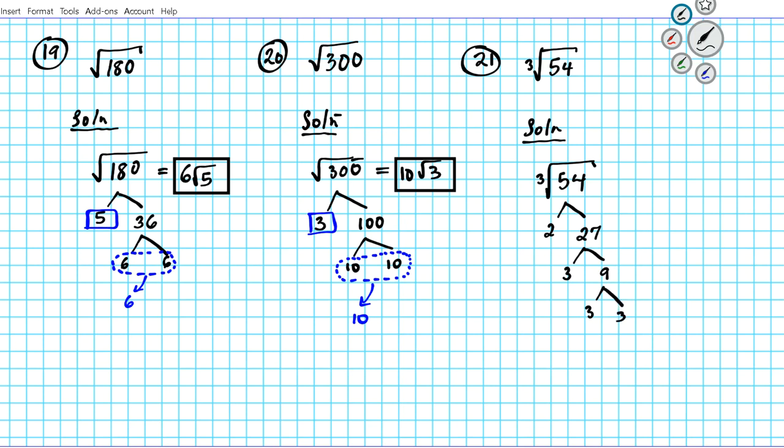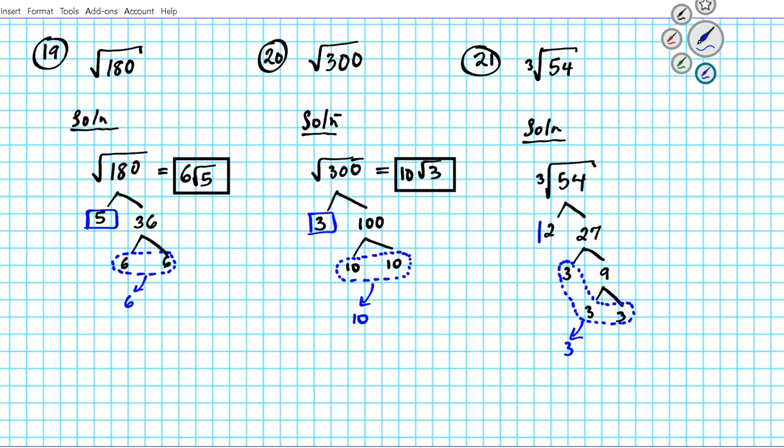Now for the cube root scenario, we're looking for triples, a factor that repeats itself 3 times. Why is that? So look at this right here. This is significant, 3 times 3 times 3, because the cube root of 3 times 3 times 3, or 27, is 3. So you need the triple to break out like we have here.